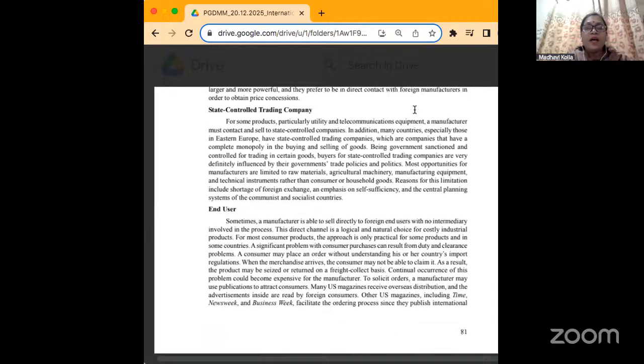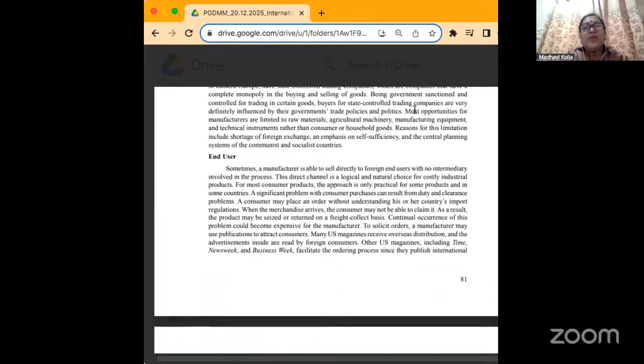The government may insist that certain goods and services have to go through their official state-owned distribution partners, so the companies have to toe the line accordingly. It can be agricultural machinery, raw materials, manufacturing equipment, technical equipment, etc. The likelihood of it being consumer or household goods is, however, far less, because those are low ticket items.